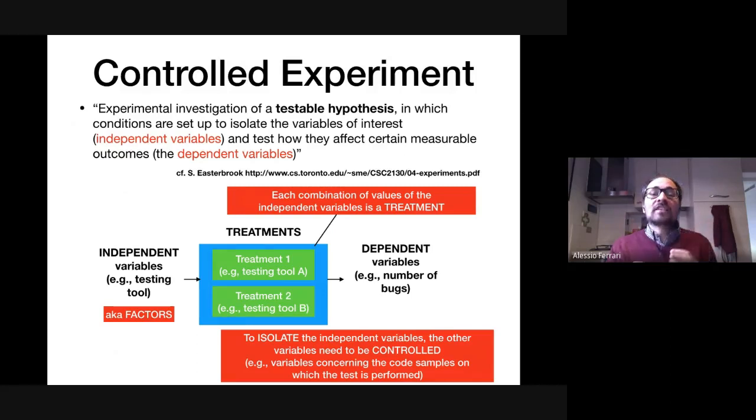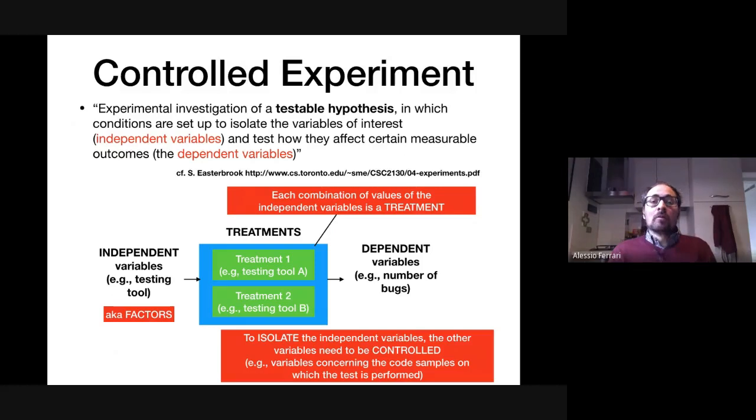So I need to control the variable of number of bugs in the code, not the number of bugs found as the dependent variable, but the number of bugs included in the code sample. But also the length of this code sample, because in reality I can have different lengths, and this may affect, for example, the speed of the tool, or the number of bugs that a certain tool is able to find.